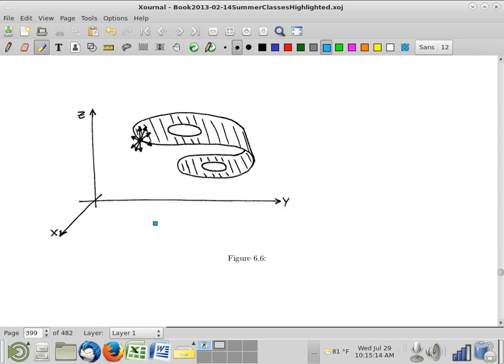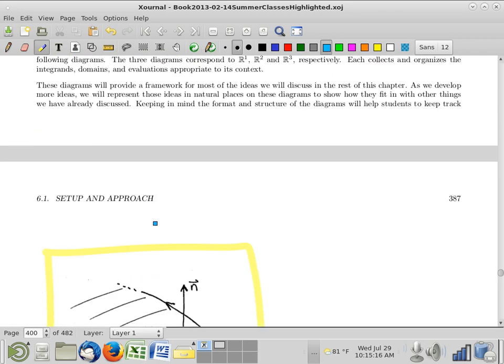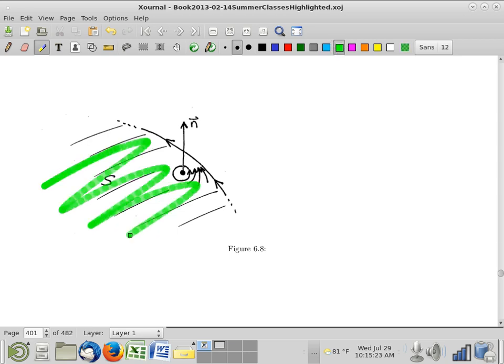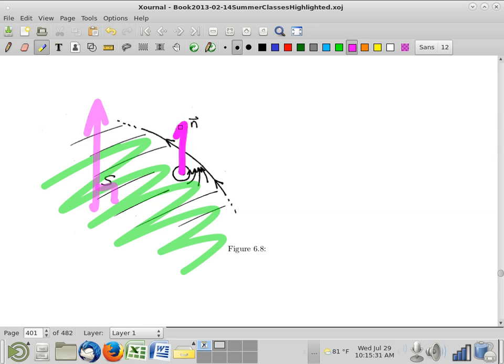Here's a better way to think about it for situations like that. Keep in mind, again, your surface comes with an orientation in the form of a normal vector. Bring that normal vector not all the way over to the edge, just near the edge. And let the thumb of your right hand point in the direction of that normal vector. And notice which way your fingers curl.